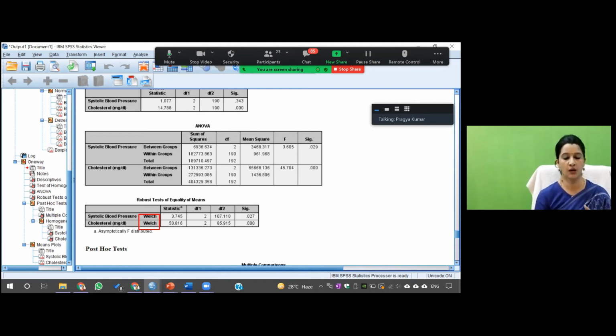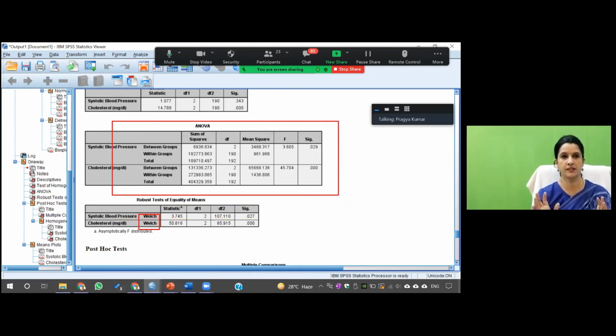So now, of the two tables, this one is the standard ANOVA. SPSS gives you both values. Now you have to decide, based on the Levene's test statistic, which ANOVA you have to take: the standard ANOVA statistics or the Welch ANOVA statistics.